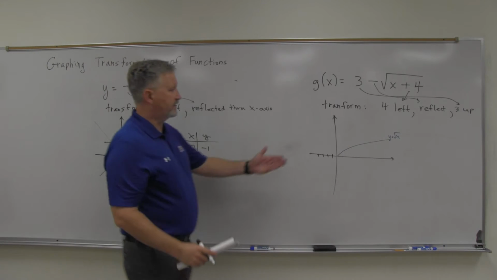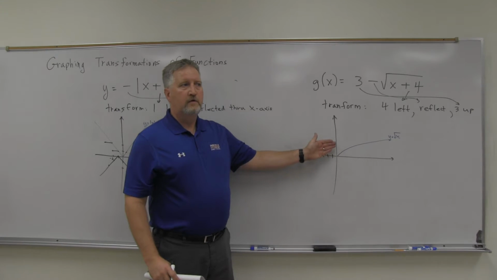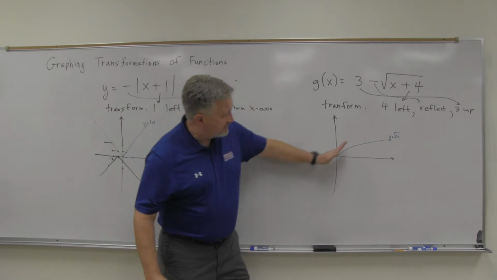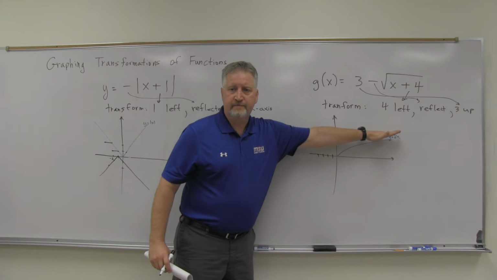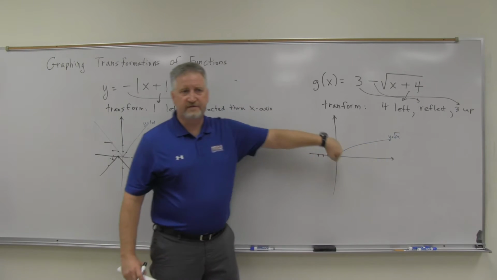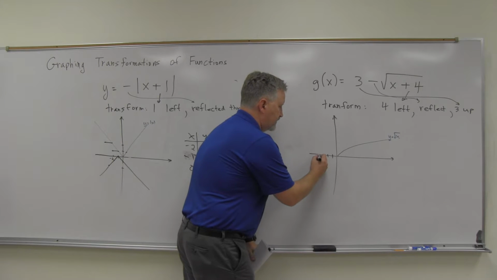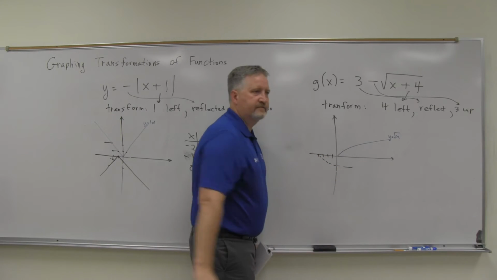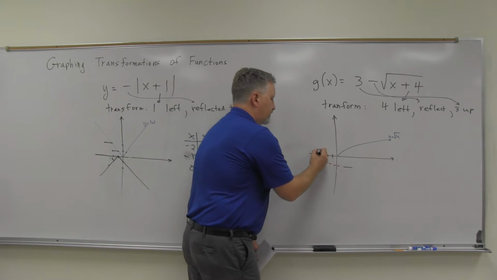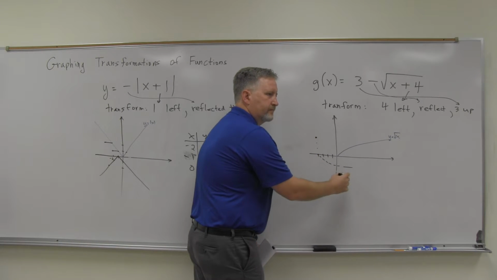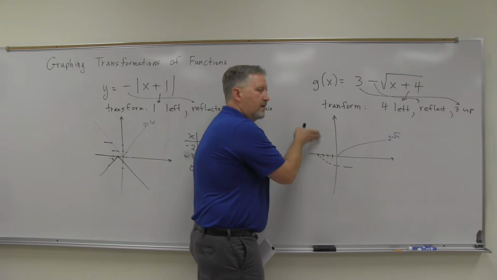All right, so what's the reflect going to do? Flip it over. Now instead of being this up thing, it's turned over. So before we move it 3 up, it's looking like that, isn't it? And then I need to do 3 units up, and so that reflection now moves up above.